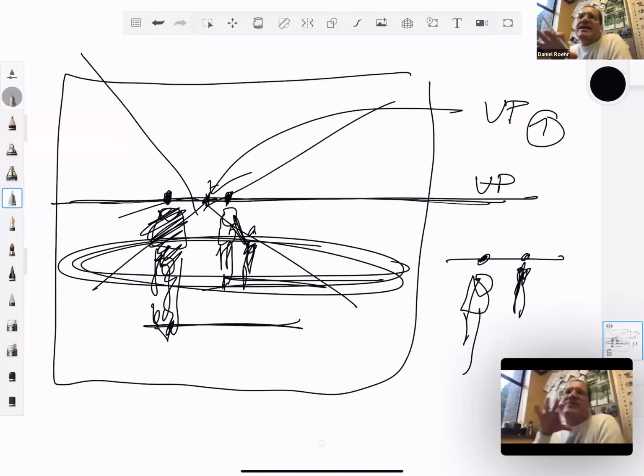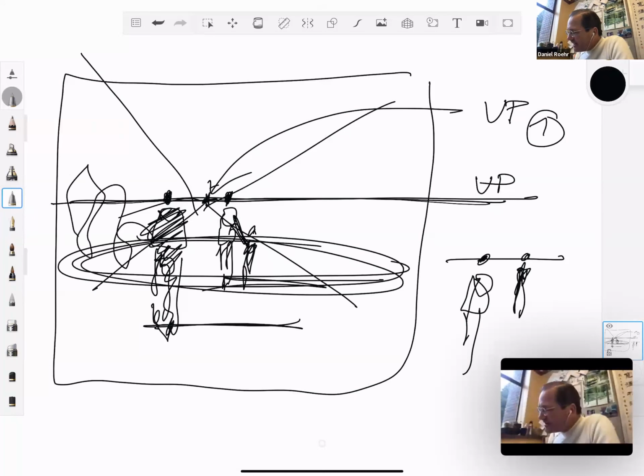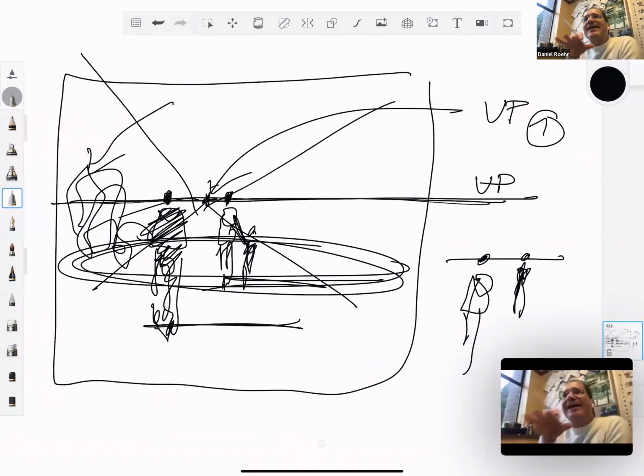So it's a really easy way to engage, and then you can go in and start planting and putting things in, and then annotate what kind of planting this is, and really start using drawing as a communication tool, not as a representation tool, as a communication tool to your professors. This is the space I want to create.